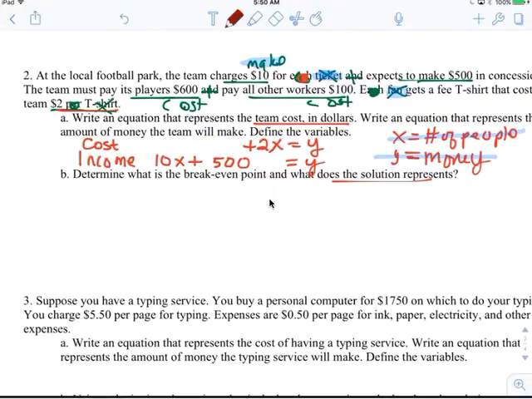I added 100 and 600, get 700 here. Okay? And then use substitution because it's in slope-intercept form. Y equals. One of them has a variable by itself. And find what it means.